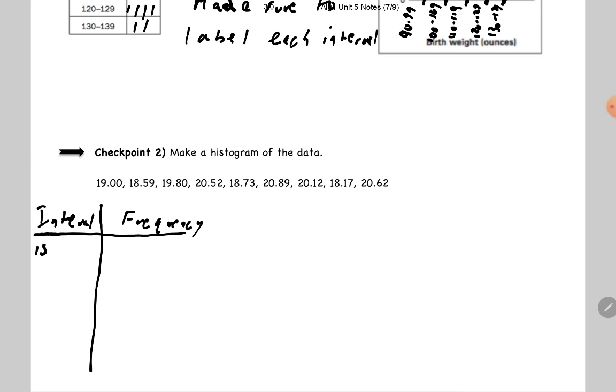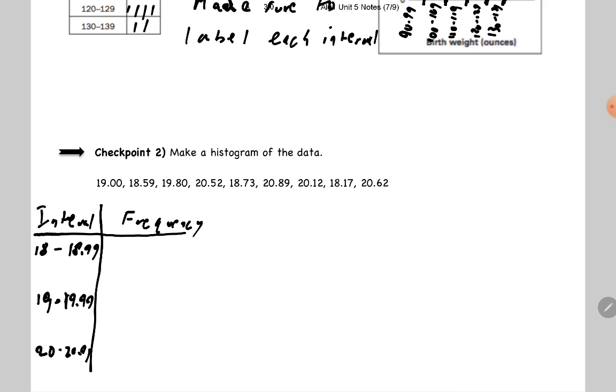So we're going to do 18 to 19, 19 to 20, and 20 to 21. Well, it would be 18 to 18.99, 19 to 19.99, and 20 to 20.99.